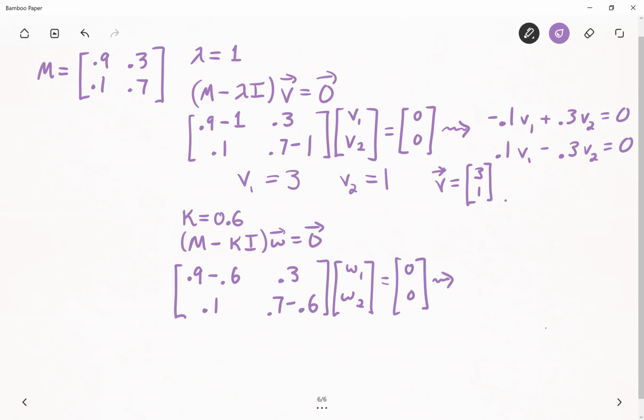This is going to be 0.3 times W1 plus 0.3 times W2 equals 0. Sorry, those should be W's, so let me change those into W's to be consistent.